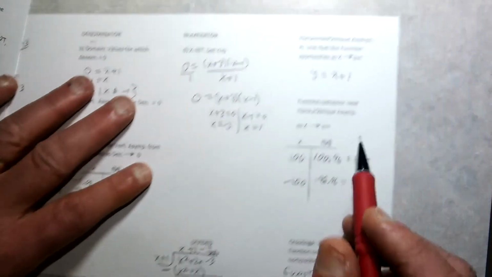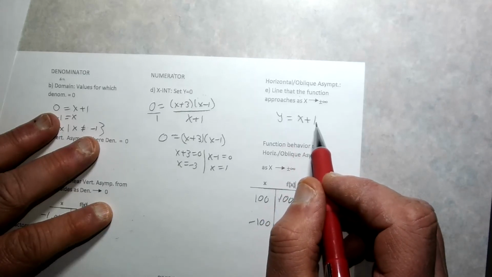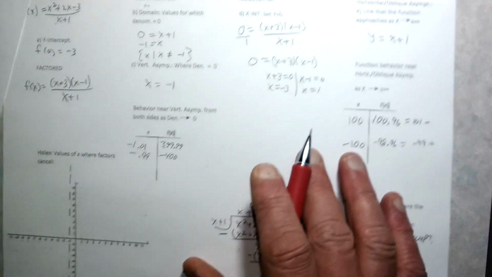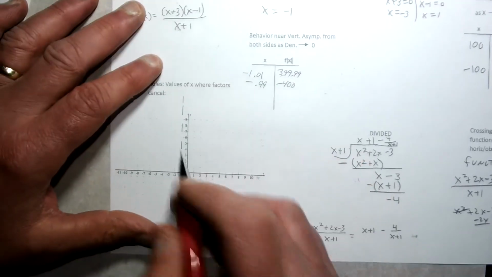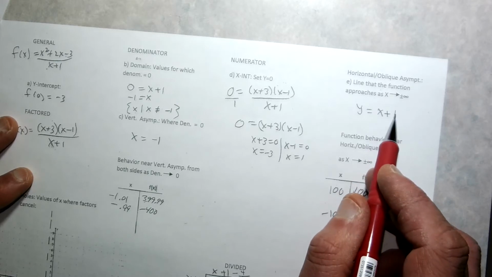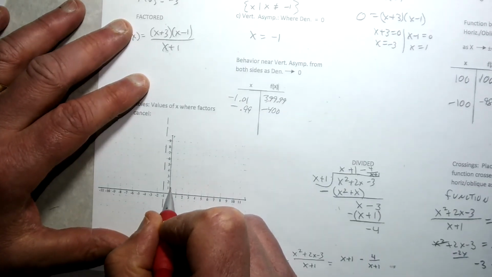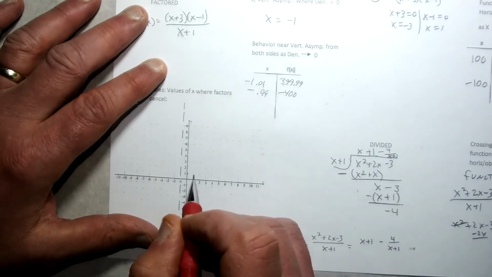So over here I stated that our oblique asymptote is y equals x plus 1. And we're going to graph that line. Well, we know how to graph linear equations, so if it's x plus 1, we're going to start at a y-intercept of 1 and count off a slope of 1 to 1. So I'm going to be right here. I want to do this kind of lightly because don't forget, these are not points on my graph.